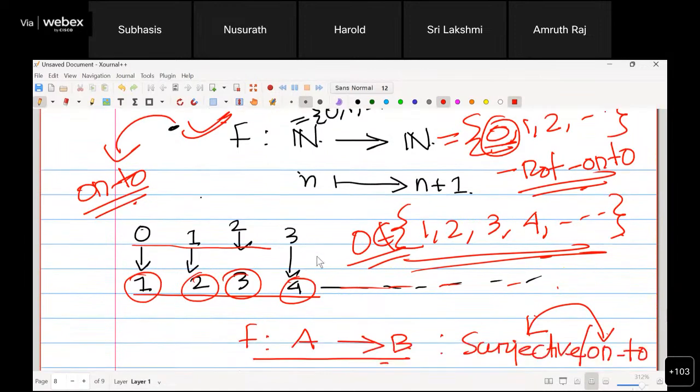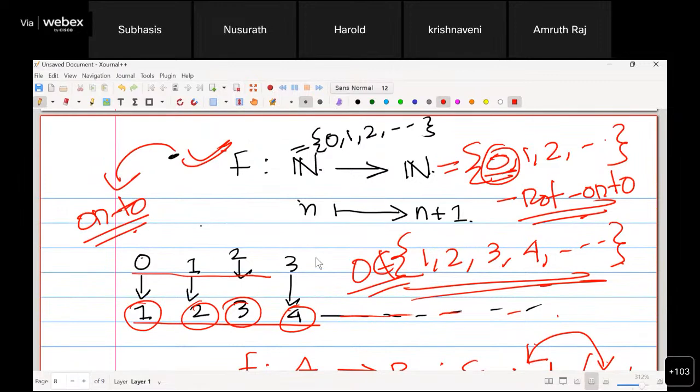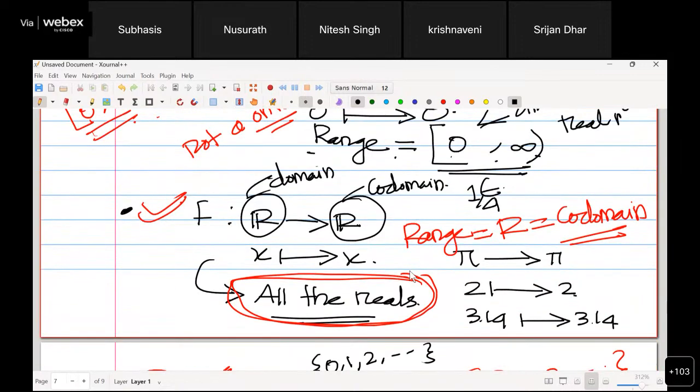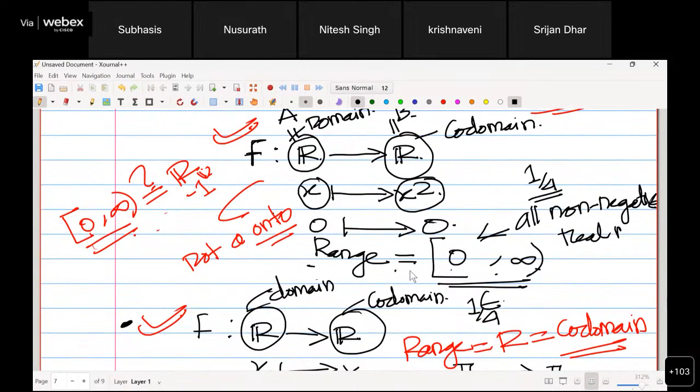Similarly, what about this one? This is injective, yes, sir. It is injective, but not surjective. What about this one? Now you tell me.